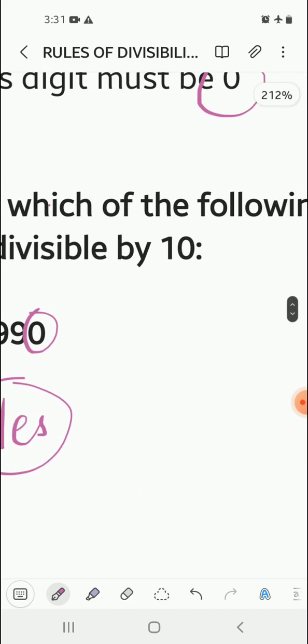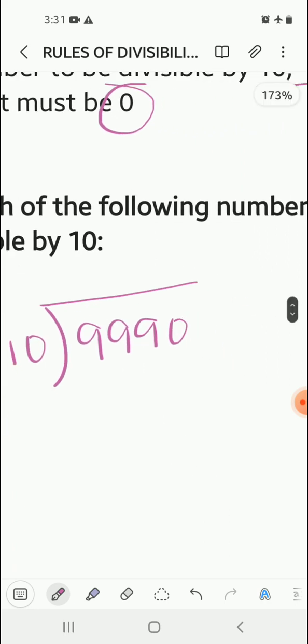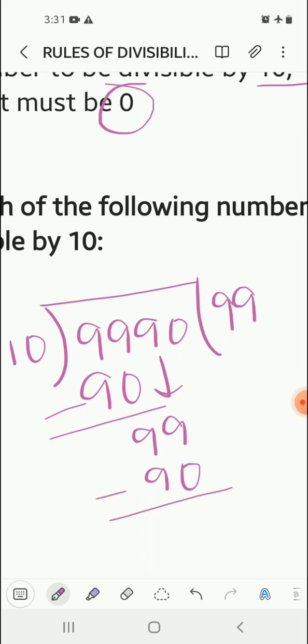There have to be ways to prove it. So let's divide it and check. 99990. If we divide it by 10, we see we get 10 into 9, 90. Again 9. This 9 goes down. 10 into 9, 90. And 9.